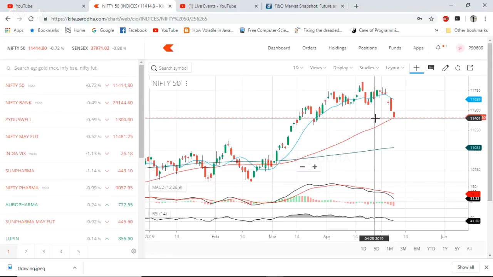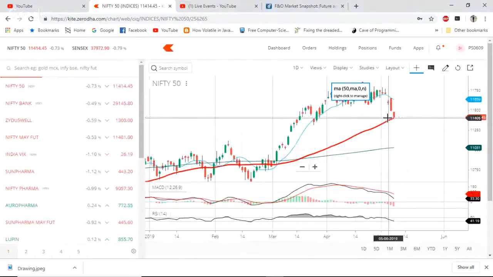Today is the day where you can clearly see it hit the 50-day moving average, which is around 11,400. There was a small bounce back at the 50-day moving average, seen in reality.